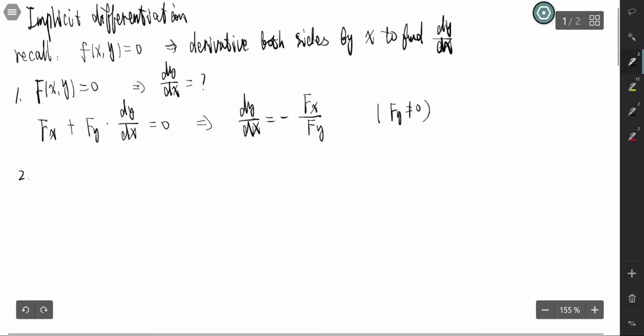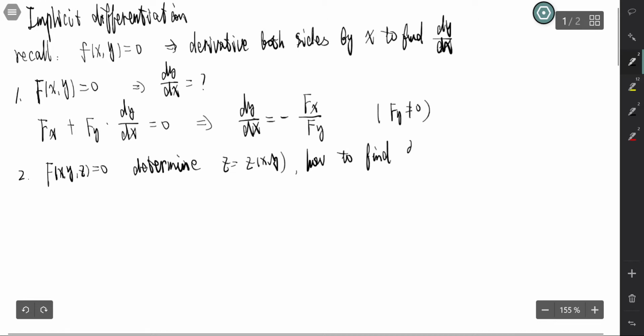If there are three variables, that is f(x, y, z) equals 0, determining a function z equals z(x, y), then how do we find partial z partial x and partial z partial y? Use the same trick.